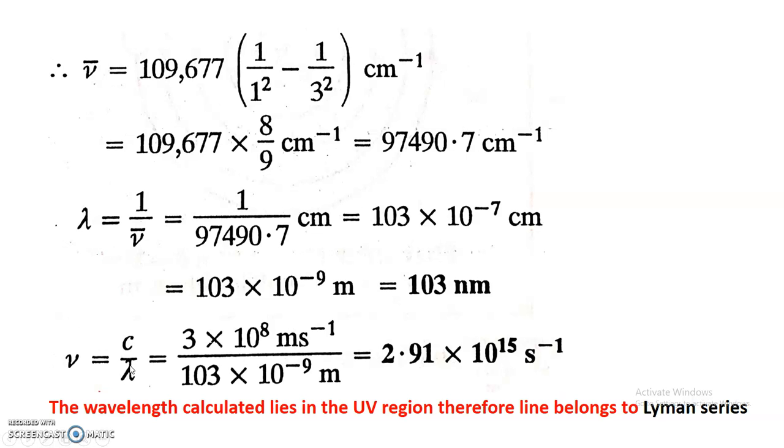There is one more answer we can find out: frequency is the velocity of light upon lambda. We know the velocity of light and we know the wavelength, so velocity of light upon wavelength gives this frequency. So this is about the emission spectrum of hydrogen.